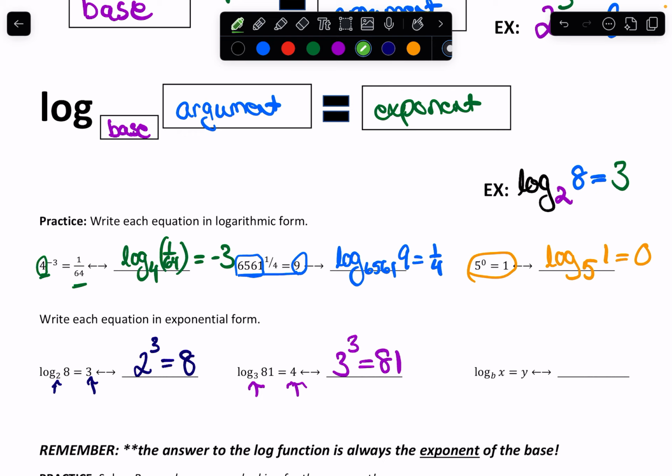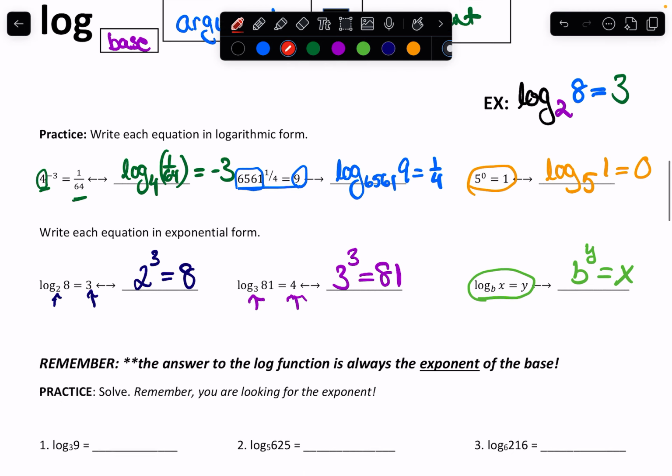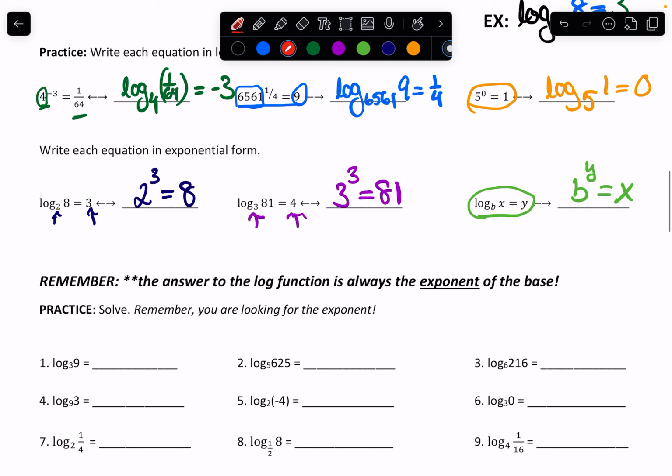Okay, for this one, our base is b, our exponent is y, and our argument is x. So remember, the answer to the log function is always the exponent of the base.